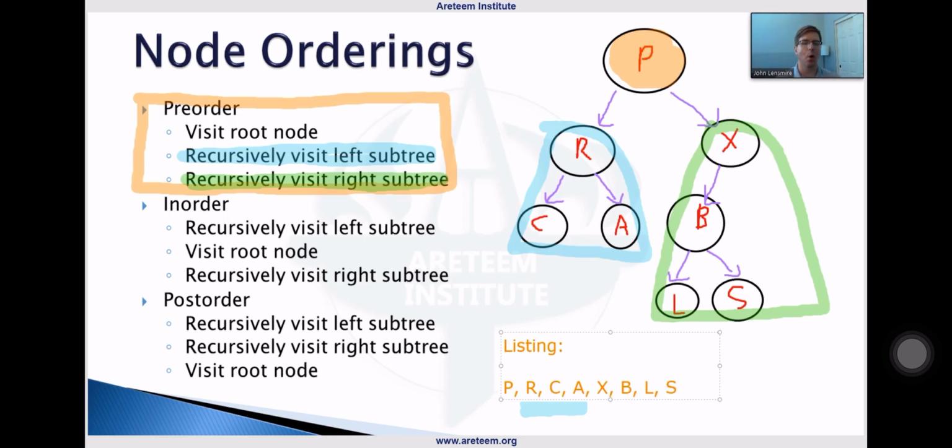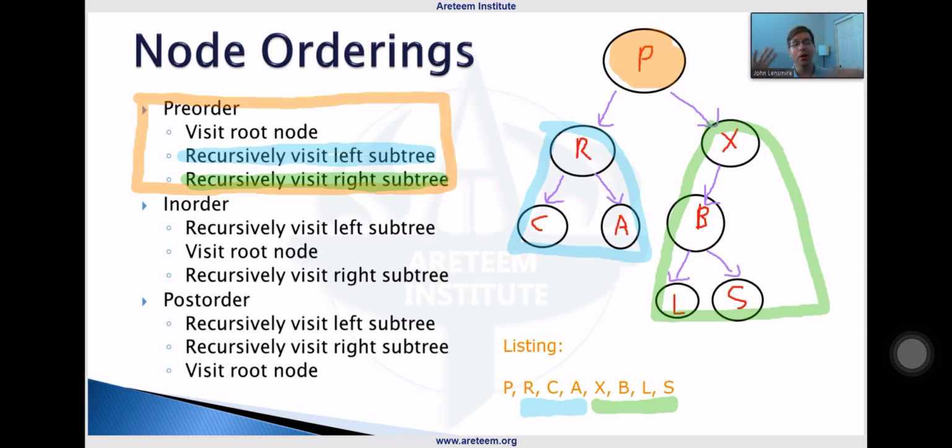We visit the right child of X, but there is none, so we're done there. And now at this point, we've basically finished our printing or returning of all of the values. We visited all of the nodes in this tree.